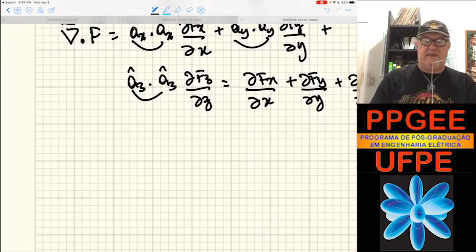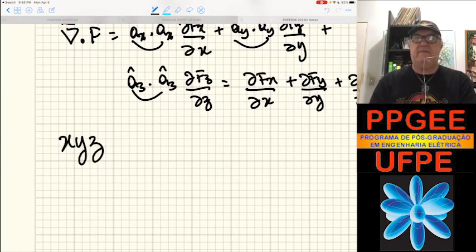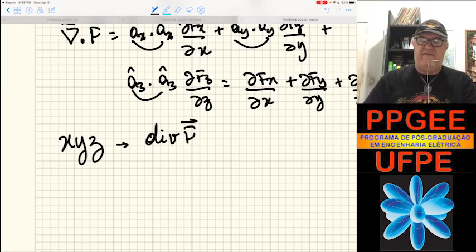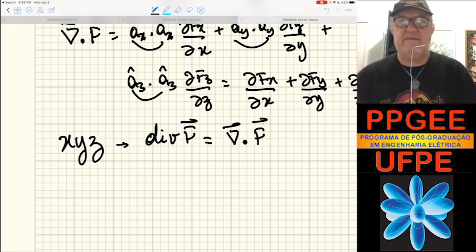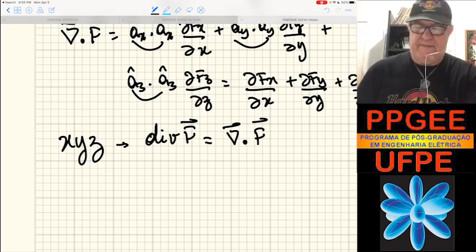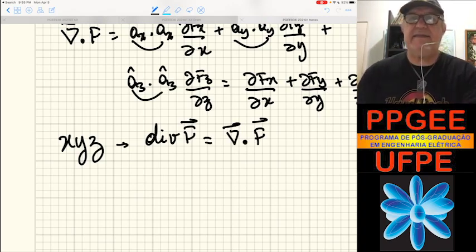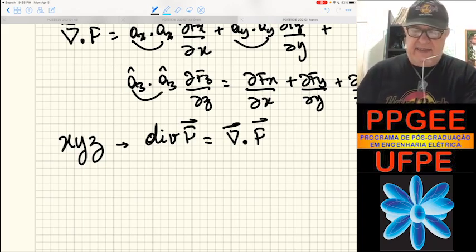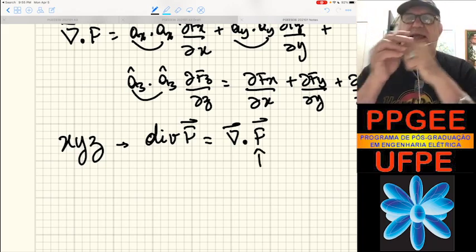So if we use just the rectangular coordinate system, the divergence of f in fact equals nabla dot f. Very simple, right? In fact, this doesn't have to depend on the coordinate system you use, because I don't know what f is.